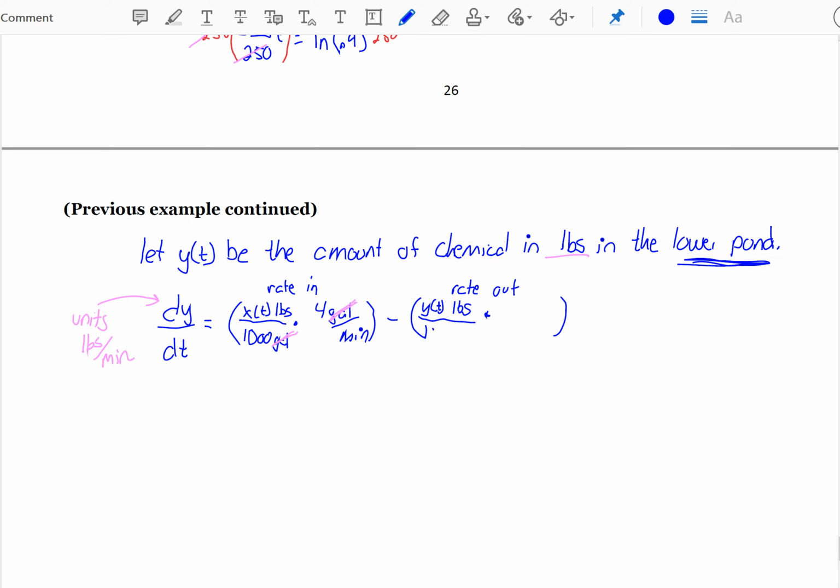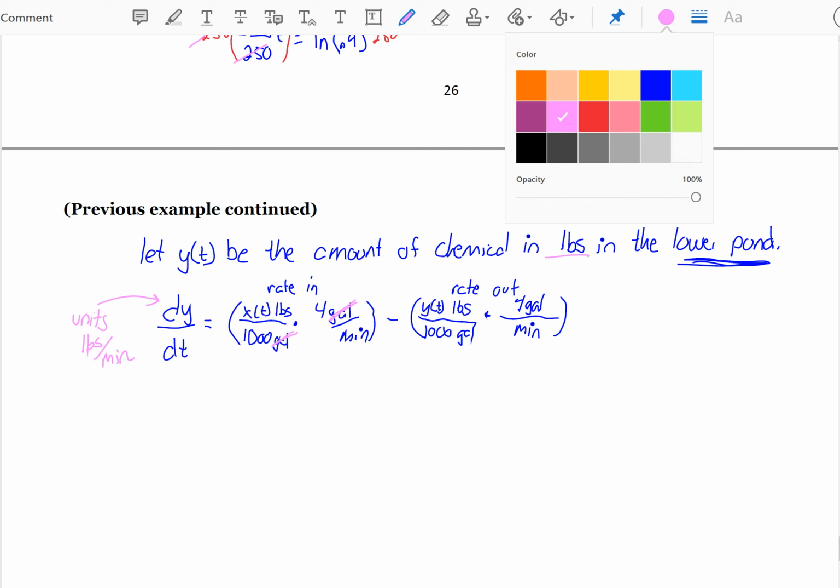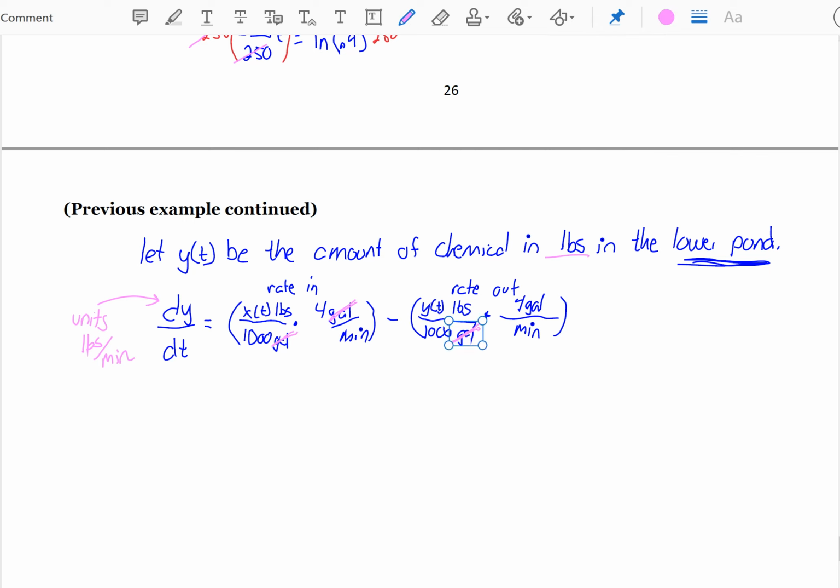And since the volume stays constant at 1,000 gallons, this first fraction gives us the concentration of the second pond. Remember, we don't know what y of t is. It's going to be changing. And it's flowing out of the second pond at 4 gallons per minute. Again, if we're keeping track of our units, this is where gallons and gallons cancels. So it's flowing out at a rate of pounds per minute. At this point, I can identify all the units agree.